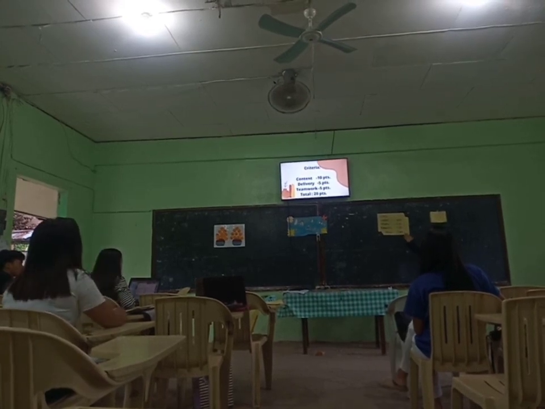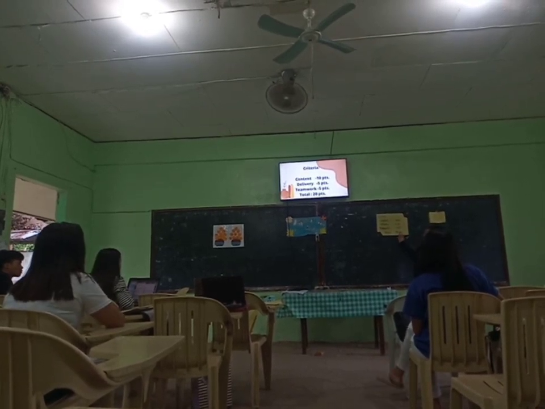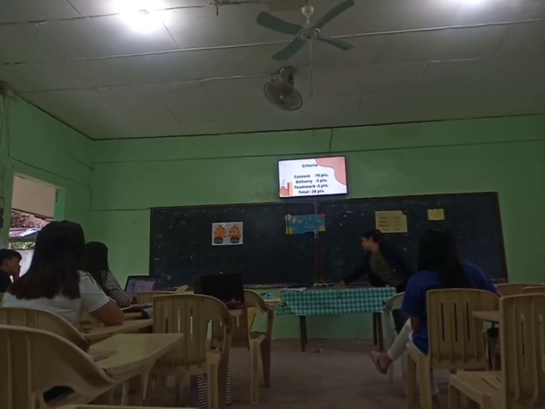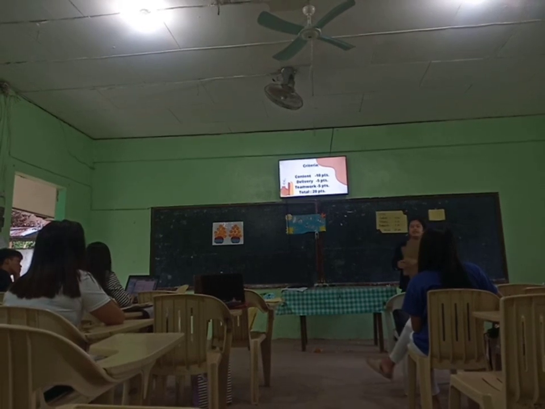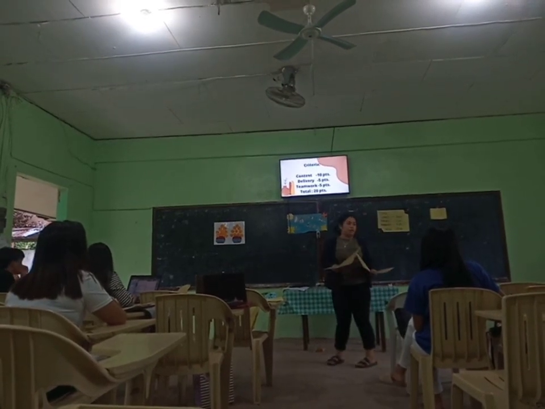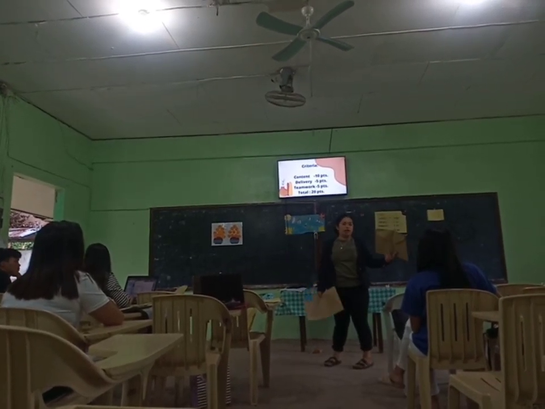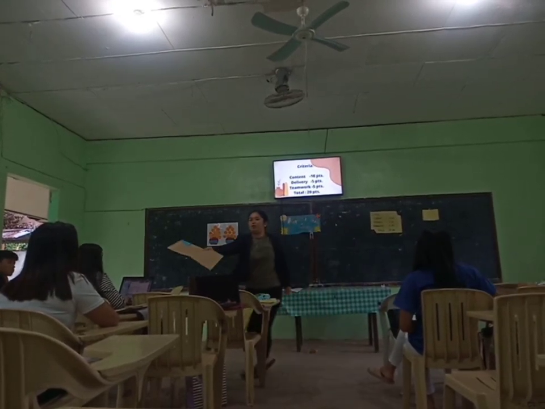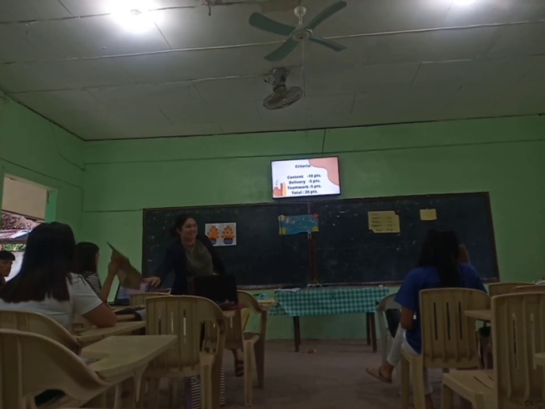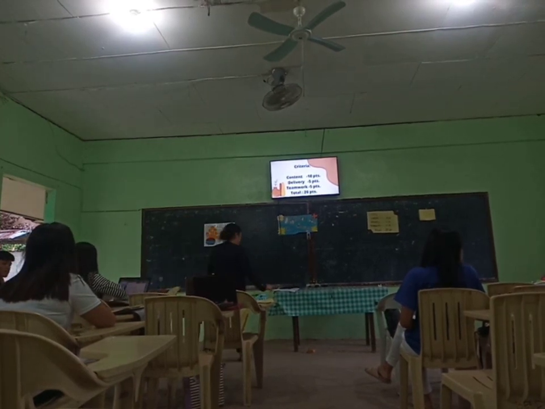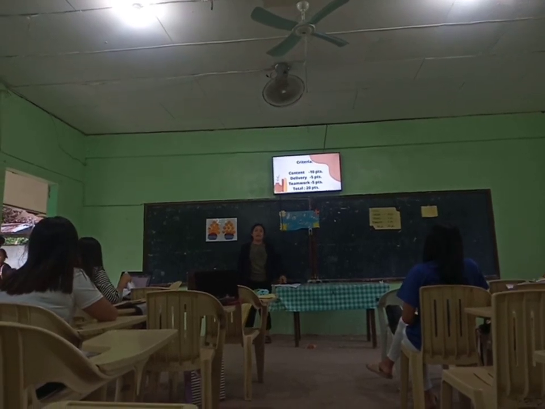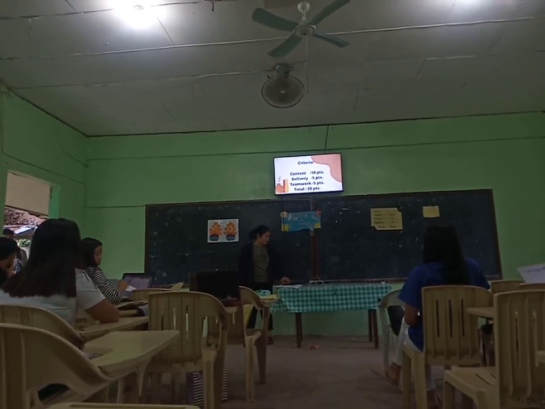Teamwork, 5 points, and a total of 20 points. Each group will be given an envelope. This envelope contains the materials that you will use for doing the activity. I will give you 5 minutes to do the activity.